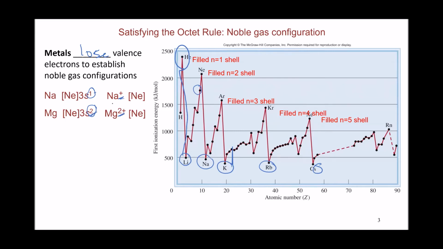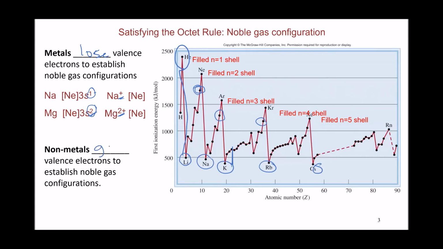On the other hand, nonmetals, right here, will prefer to gain electrons. It's way closer to the next noble gas. So once it gains 1, 2, or 3 electrons, it will retain the stability of the next noble gas configuration. And it's easier for it to gain because it has higher electron affinity, as we learned in the previous slides. So it prefers to gain electrons and form negatively charged ions, or what we call anions.